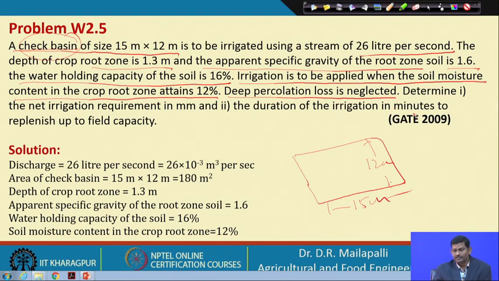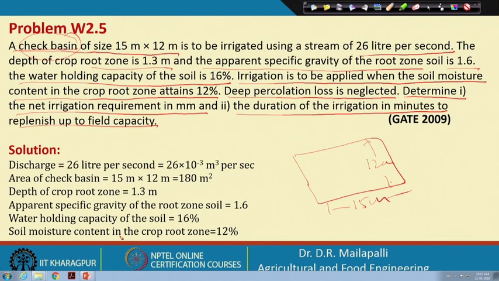Determine the net irrigation requirement in mm and the duration of the irrigation in minutes to replenish the field capacity. So, in this example you need to find both the irrigation amount and when to give irrigation. So, both time and amount you have to find out. This is an example of an irrigation scheduling method.